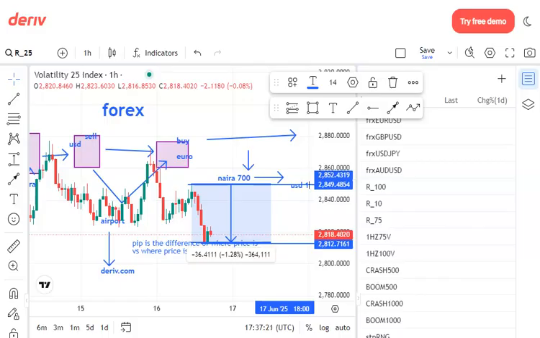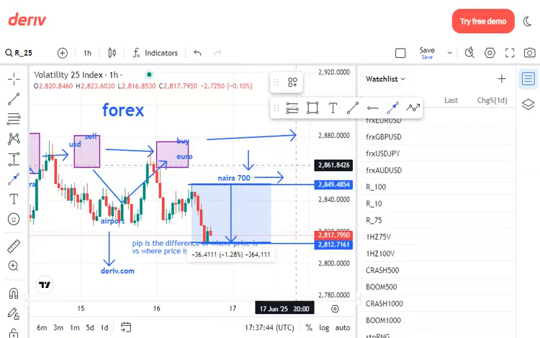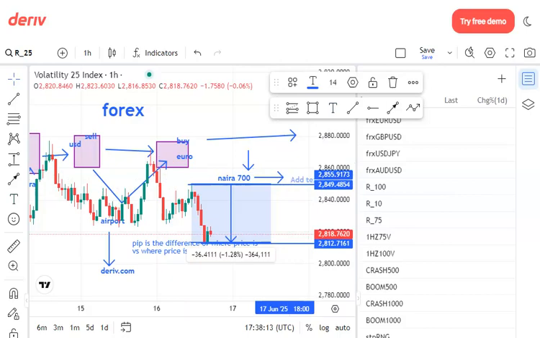One USD was 700 naira one year ago. But now, at forex, what we do here is basically trade.